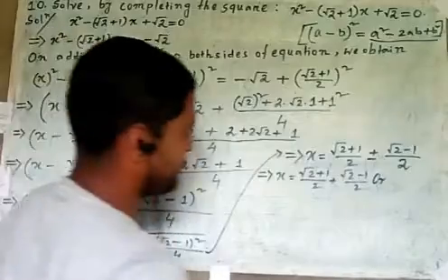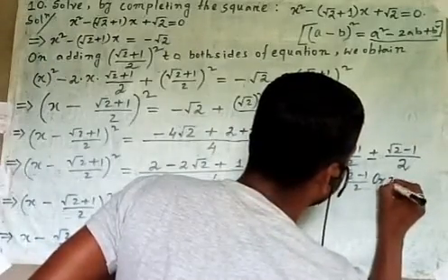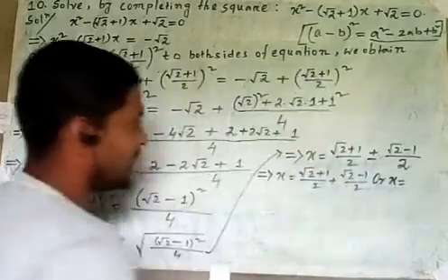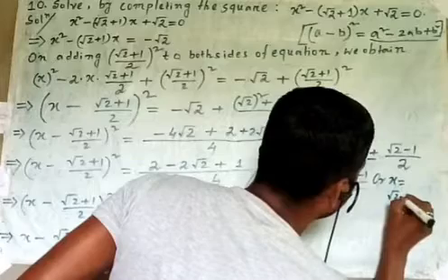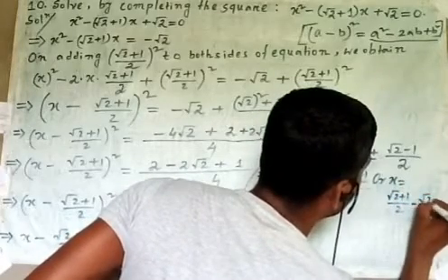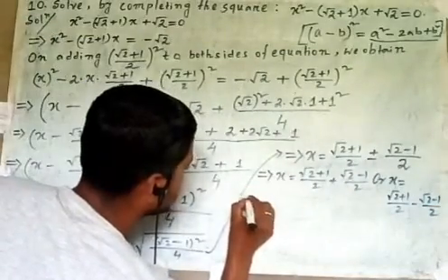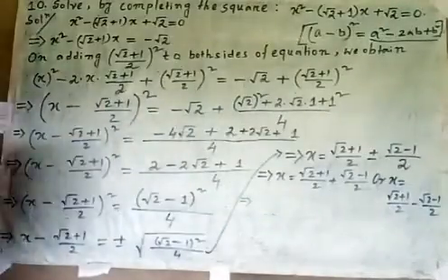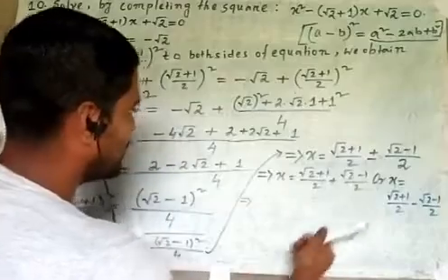Minus. Or x equal to root 2 plus 1 by 2 minus root 2 minus 1 by 2. Once we have to do plus, once we have to do minus. So first of all we will do plus.